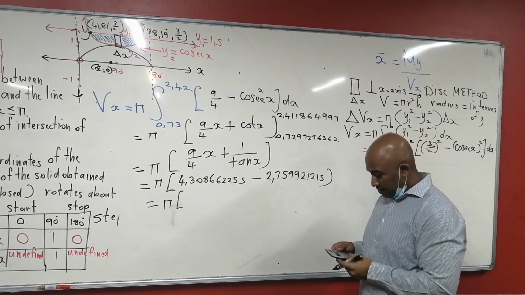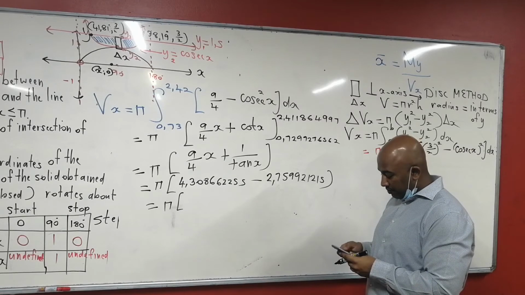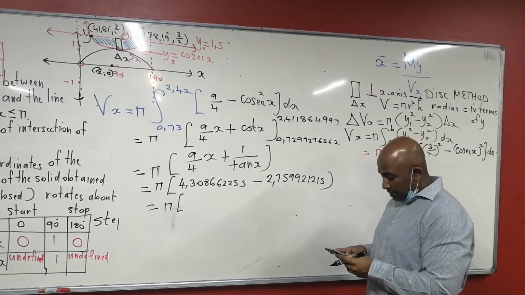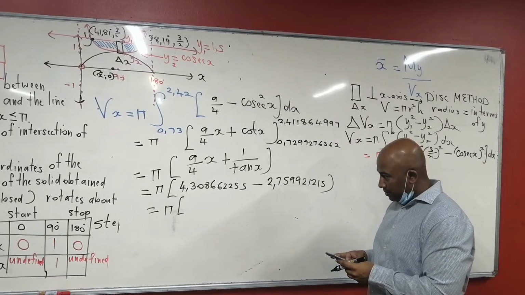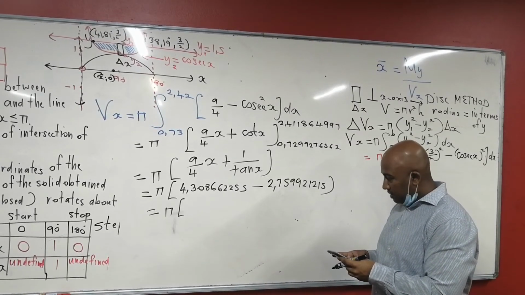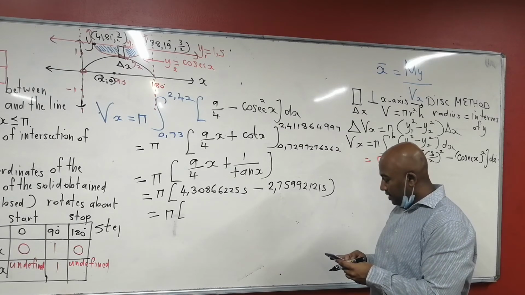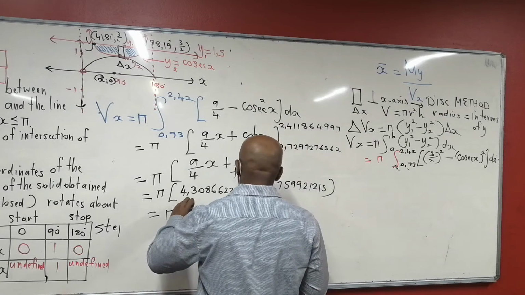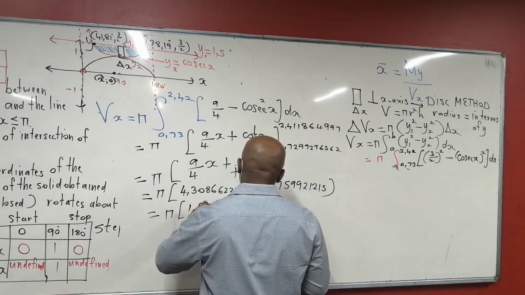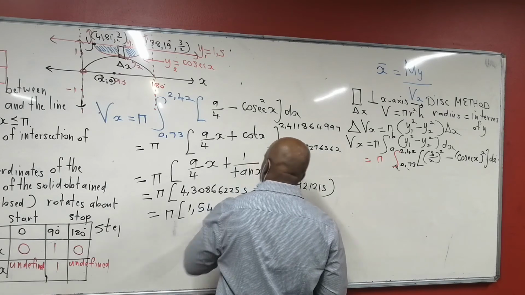Okay, so what do we get? 4.308662255 minus 2.759921215. Let's double check me there. This is 1.54874104.